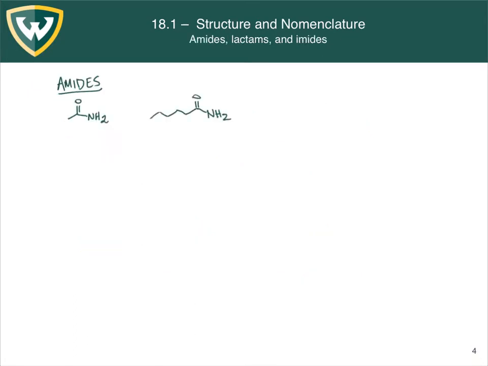So the next functional group we'll take a look at is the amide. You should be at least nominally familiar with amides. In terms of naming, it kind of depends. Here we have acetamide. Another example is hexanamide. So I've highlighted the hex part.